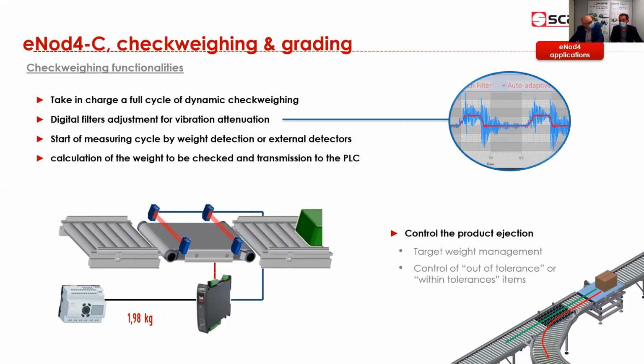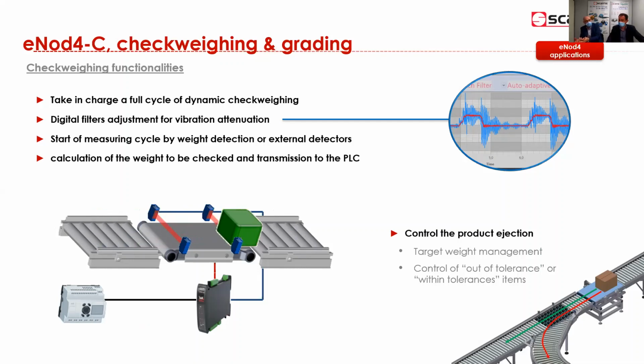Of course you can set tolerances for one product. If in your process you have different products to be weighed, generally this is taken in charge by the PLC. It's an example of a grading application we have just seen before with the calibration process. Inside it, generally, eNod4C takes charge of the weight calculation.